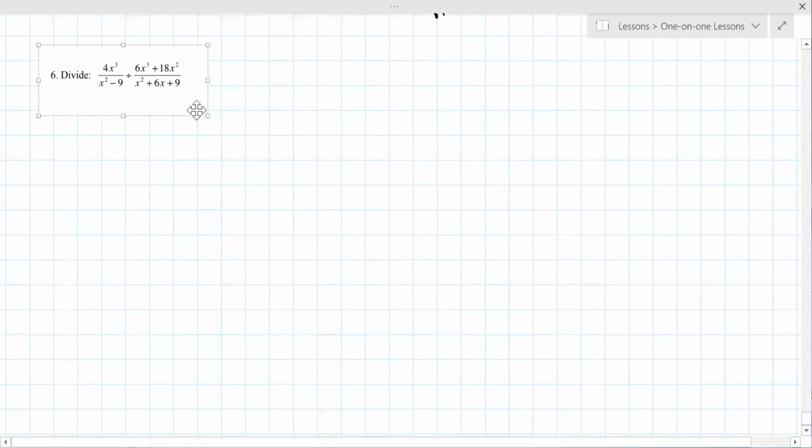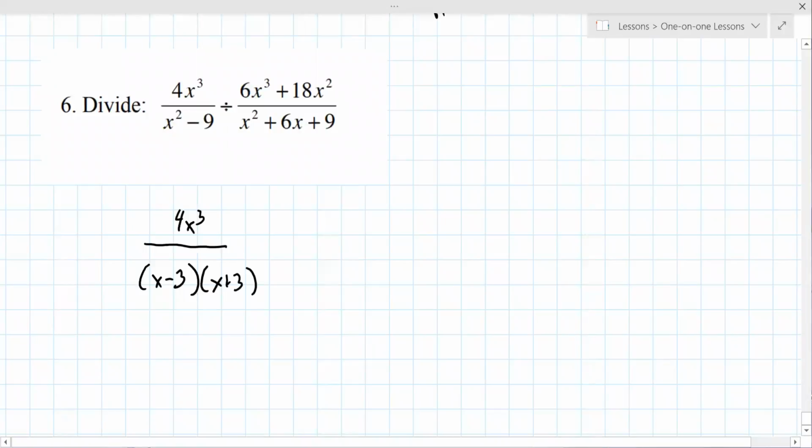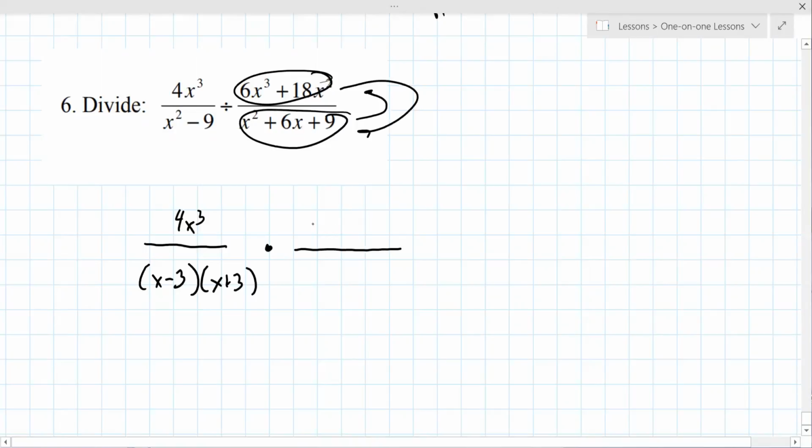It's just a lot here, so you generally factor and then rewrite, and a lot of stuff's going to cancel. So the bottom one here is difference of squares. I've already written that down here. The division becomes multiplication by the reciprocal. So this goes up top and this goes on the bottom. So we need to factor x squared plus 6x plus 9, and then 6x cubed plus 18x.